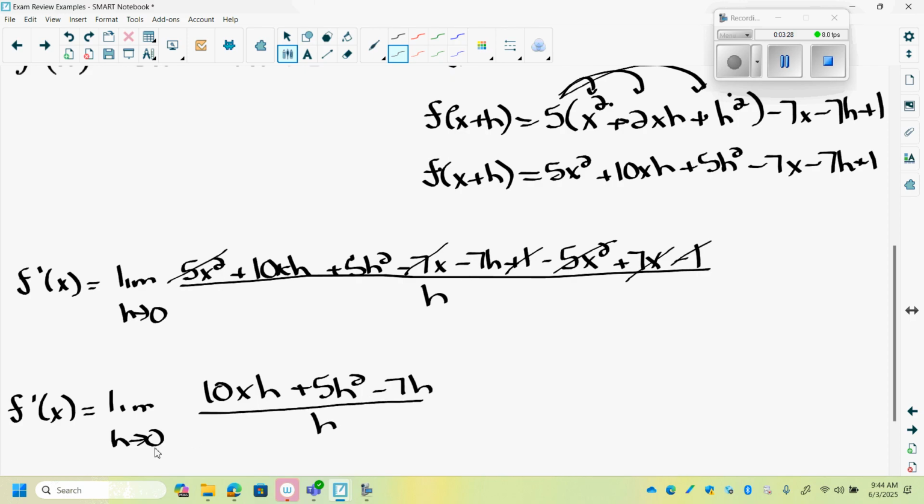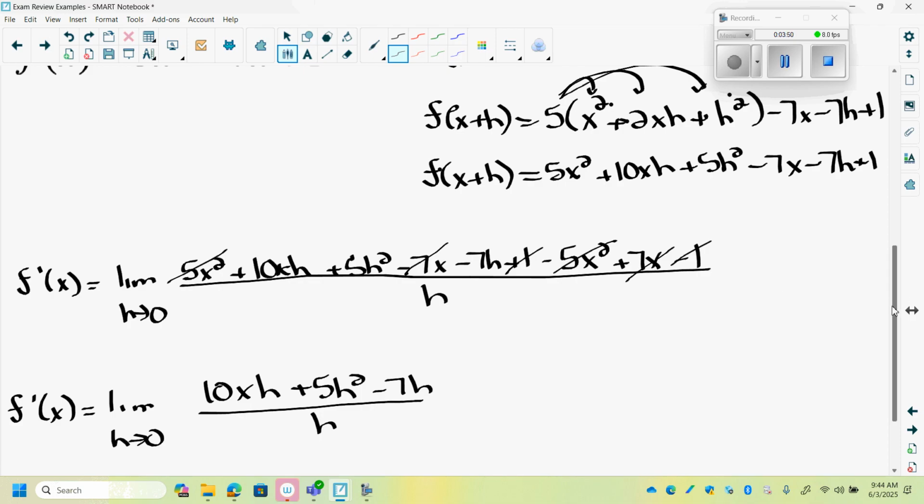Now, if you put a 0 in right now, that's what you should do with your limit. Try direct substitution. What's 10x times 0? What's 5 times 0 squared? And what's negative 7 times 0? Right, divided by 0. So I'm going to have 0 plus 0 minus 0 over 0. That's no good. It's an indeterminate limit.